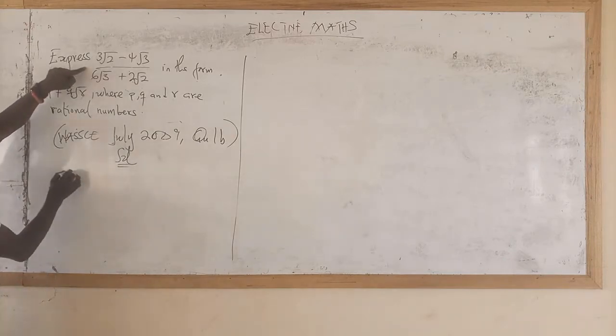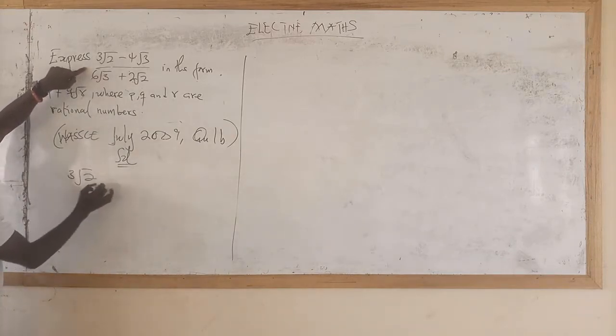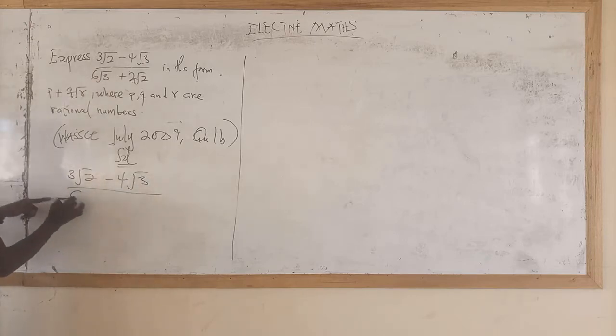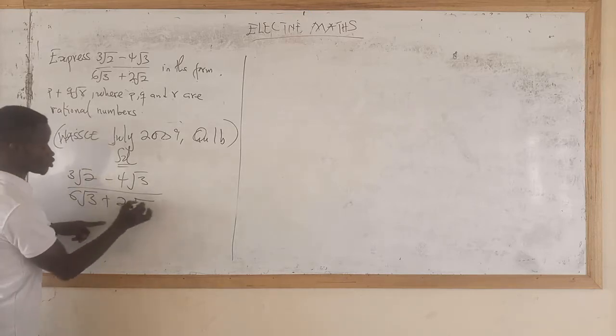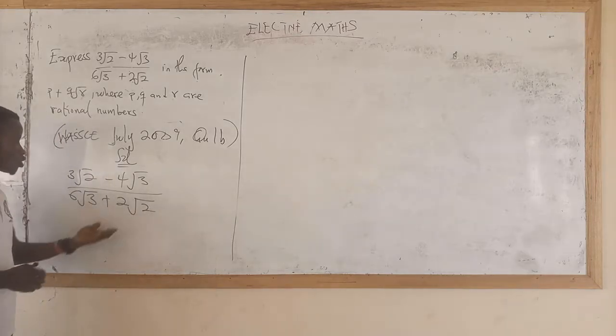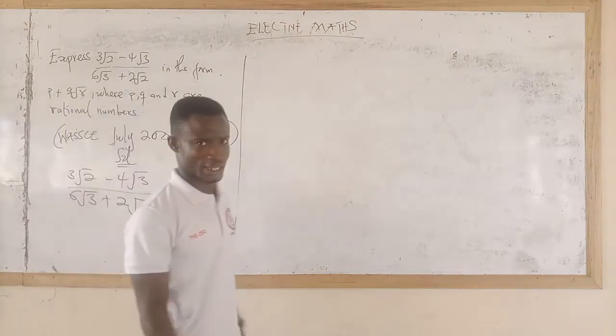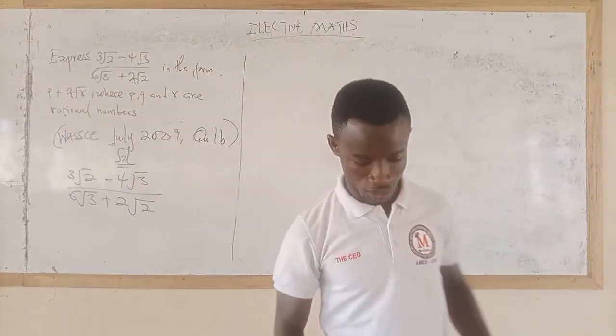So you now quote that minus 4 square root of 3 all over 6 square root of 3 plus 2 square root of 2. So what do you do here? What you do is that you rationalize. I'm sure you are aware.